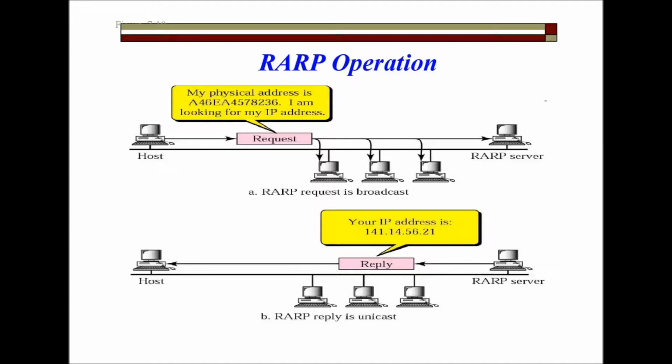So if multiple hosts are attached to a server, all IP addresses are defined at the server. Server knows the IP addresses of all connected hosts, but these hosts don't know about their IP addresses. The IP address can be provided by our reverse ARP server.